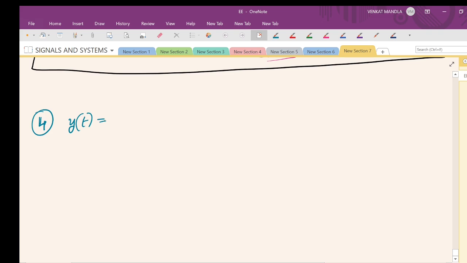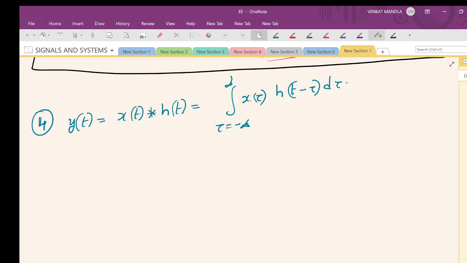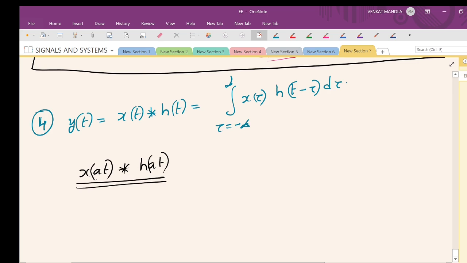y(t) = x(t) convolution with h(t) = integral from τ = minus infinity to plus infinity of x(τ) h(t − τ) dτ. Now I want to calculate x(at) convolution with h(at). This is my interest.